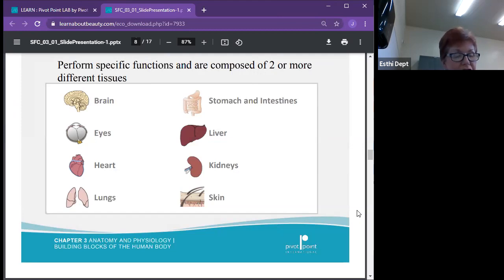Your kidneys are going to eliminate waste and water products. And your last one is your skin. This is the largest organ, and it's the external protection of the body. So it's the outside covering of your body.